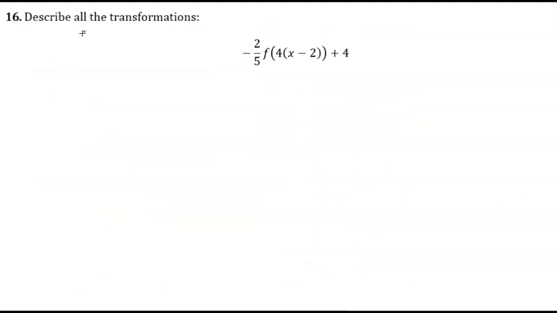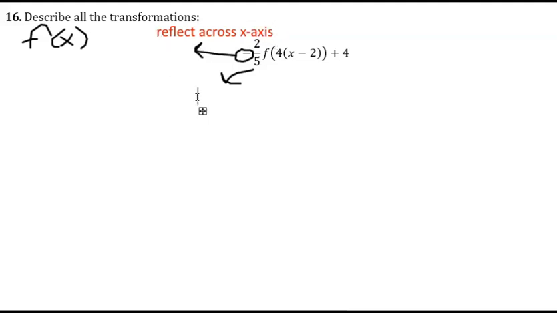Number 16, describe all transformations. And we're talking about the parent function f of x. So the very first thing is this negative sign. That means that it reflects across the x-axis. The second thing, the 2/5, that means it's a vertical compression.